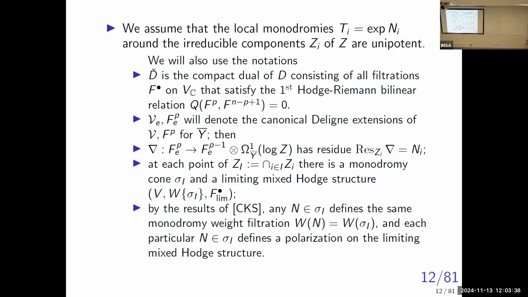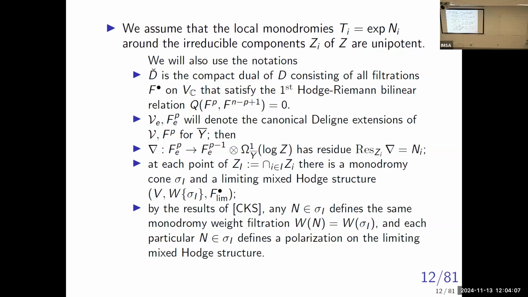Again, the proof of the existence of the limiting mixed Hodge structure, due to Schmid, was based on curvature arguments. The curvature has sign properties that lead to estimates, and he used those in a very fundamental paper to show the existence of limiting mixed Hodge structures. So again, curvature is lurking in the background here.